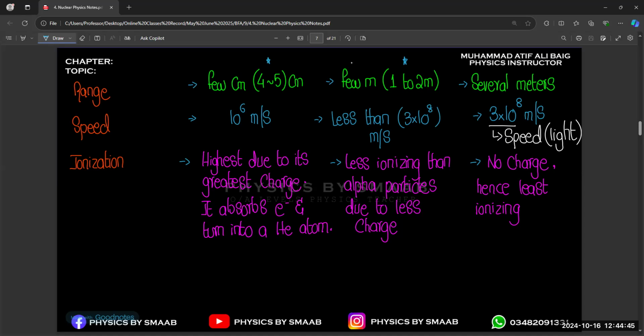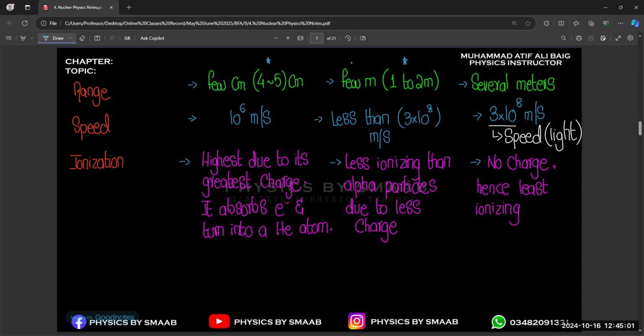Because radiations are coming out from the nucleus. When they come out from the nucleus, alpha can travel a few centimeters, beta can travel a few meters, and gamma can travel through several meters. So this is the range.